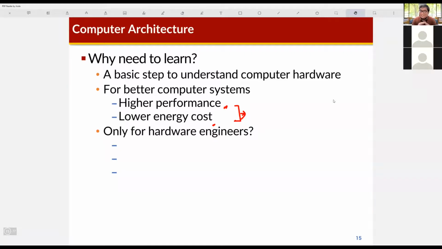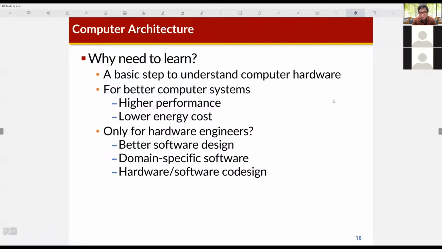The answer is yes, because this is a mandatory course. But this knowledge of computer system hardware, or the interface of software and hardware of the computer system, is also necessary for software engineers or programmers, because this knowledge is required for making better software.